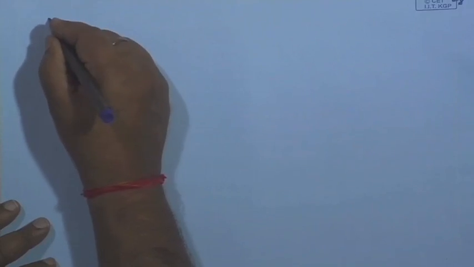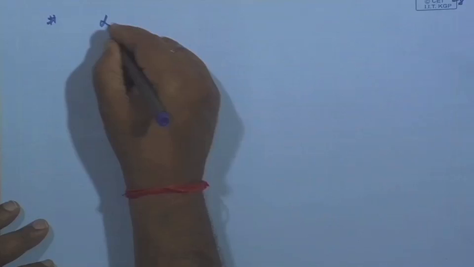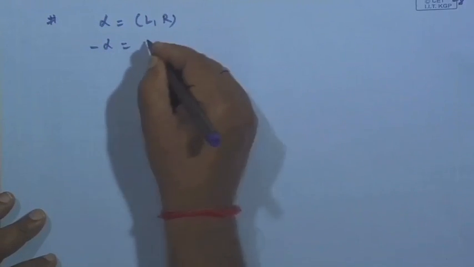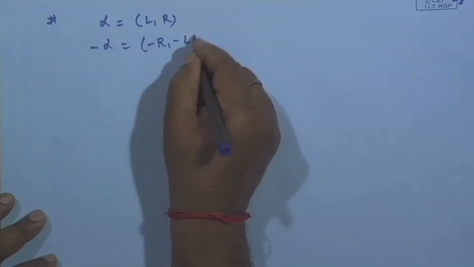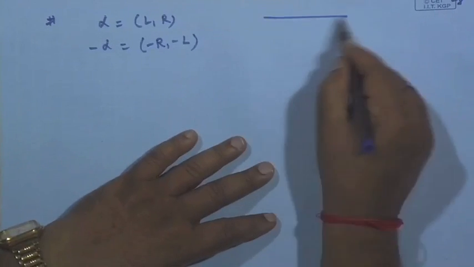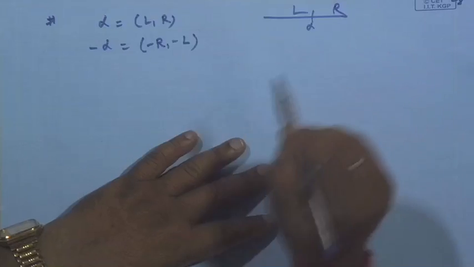Then addition, subtraction, etc., can be done. Suppose alpha is given by the lower class, then how to define minus alpha? If alpha corresponds to the cut LR, then minus alpha corresponds to minus R, minus L. This is the class alpha, lower and upper.